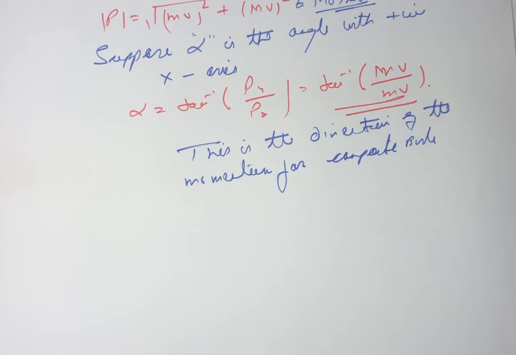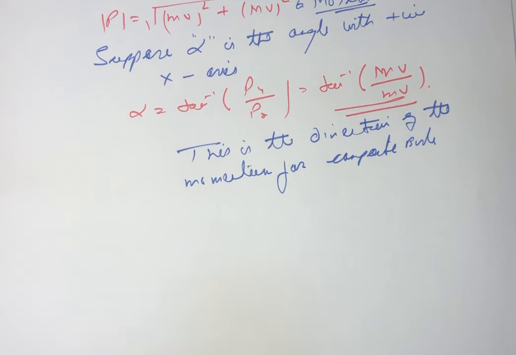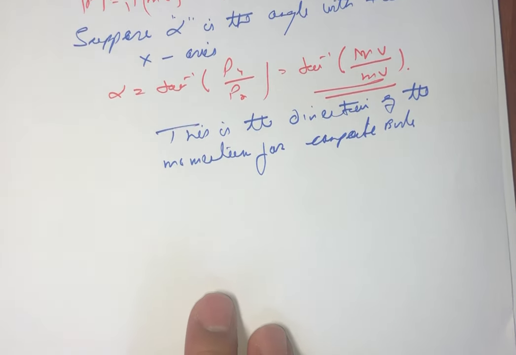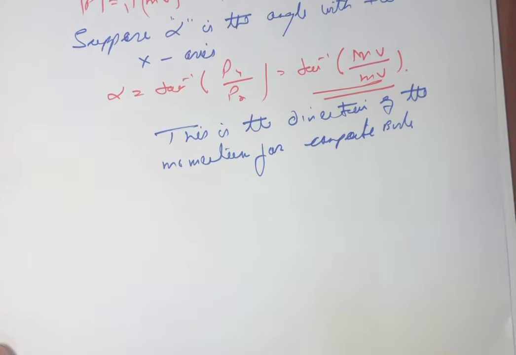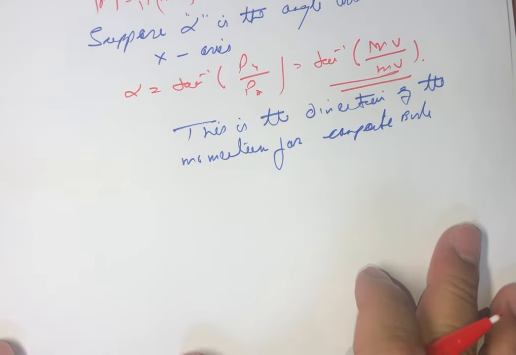In part B, we are supposed to find out the fraction of initial kinetic energy transformed into heat, or basically we can say loss in the kinetic energy.